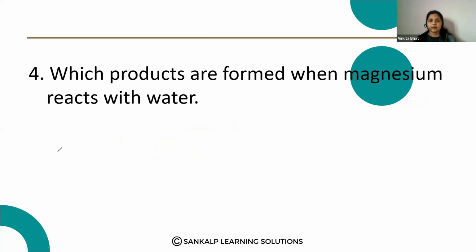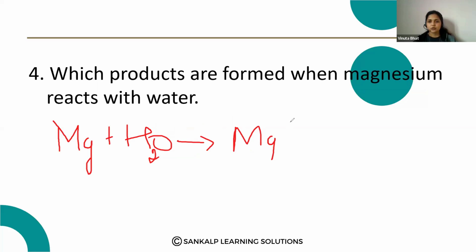When magnesium reacts with water, it forms Mg(OH)2, magnesium hydroxide, plus hydrogen. So you have to balance this reaction.